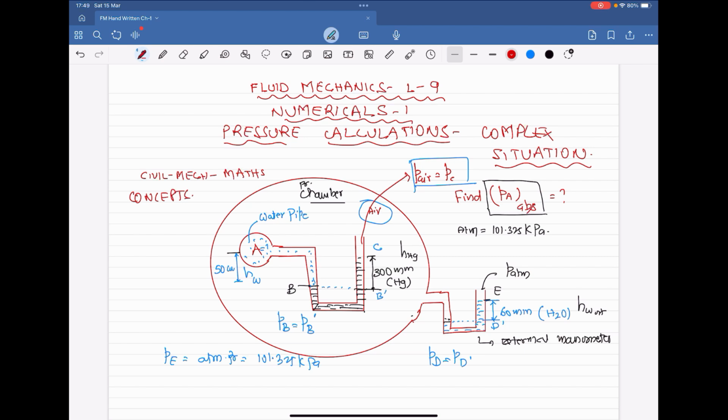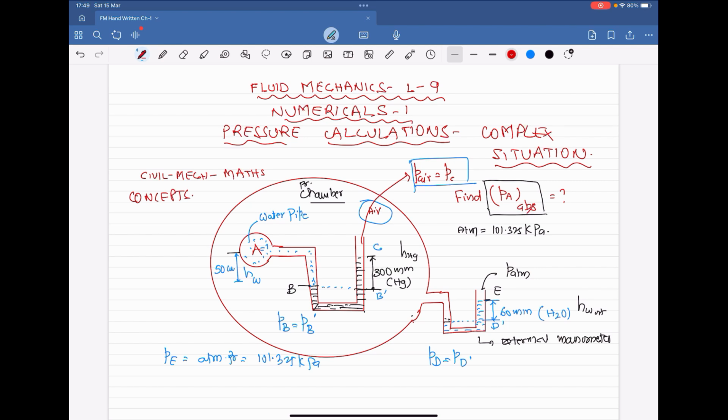The chamber containing air is connected to an external manometer which is open to the atmospheric pressure. Now, here, there are two types of environments.